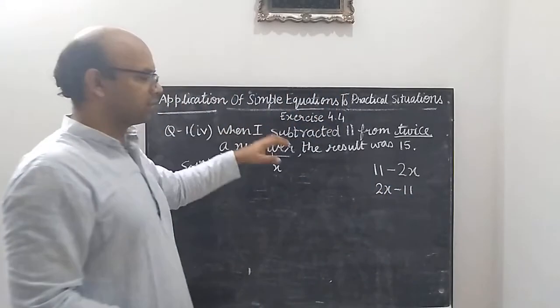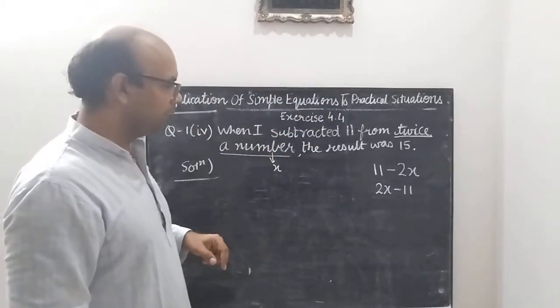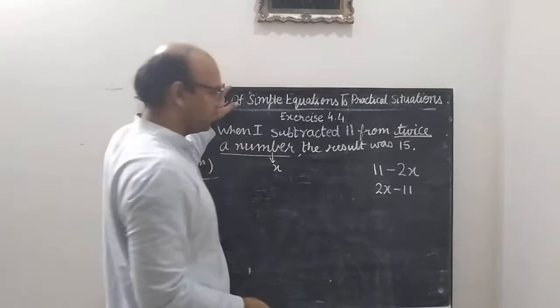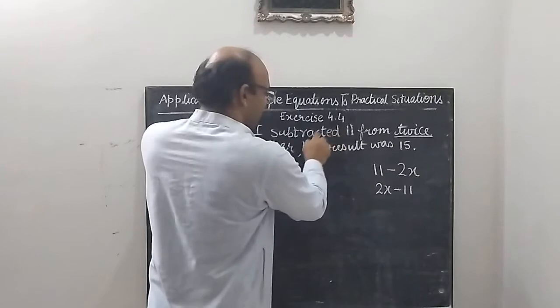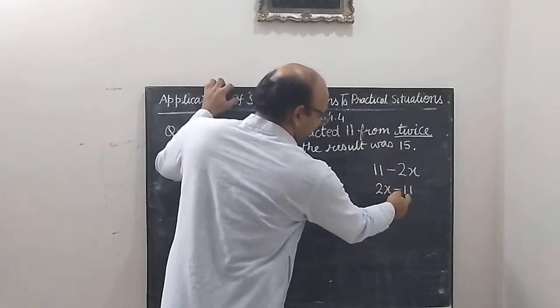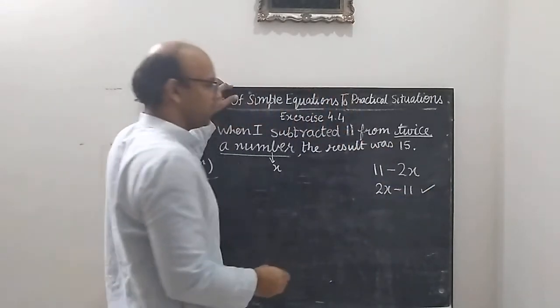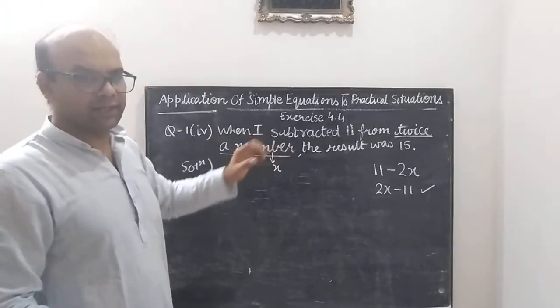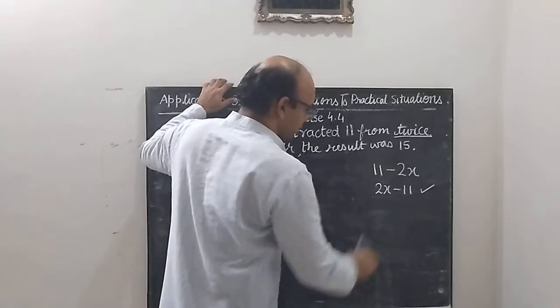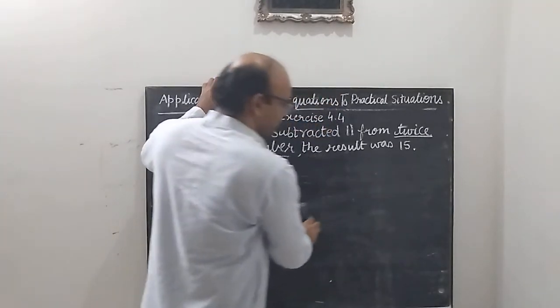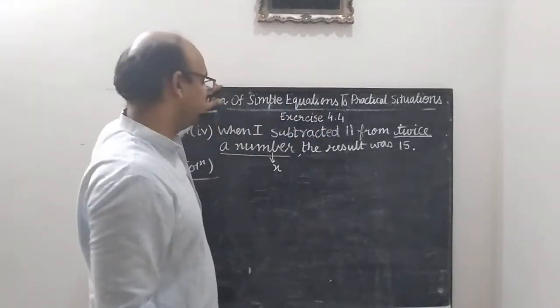This is one of the confusions which come. What has to be taken care of is that 11 is subtracted from twice of a number, so this is the correct one. The result was 15. So we just have to equate 2x minus 11 to 15.